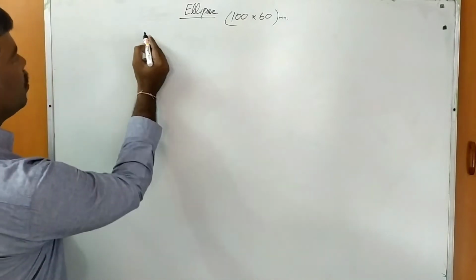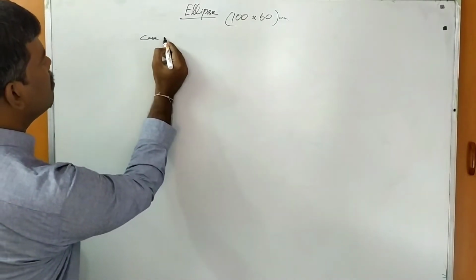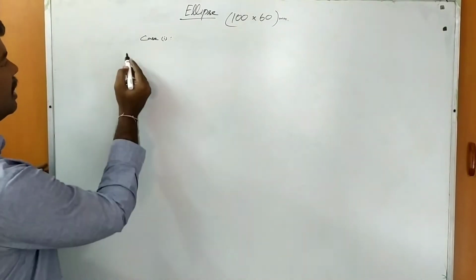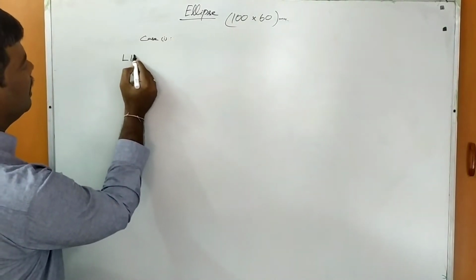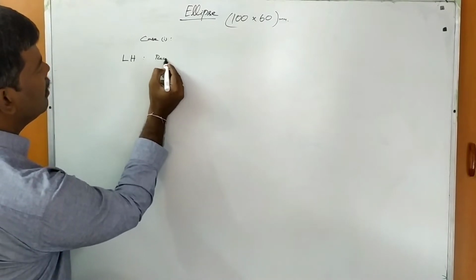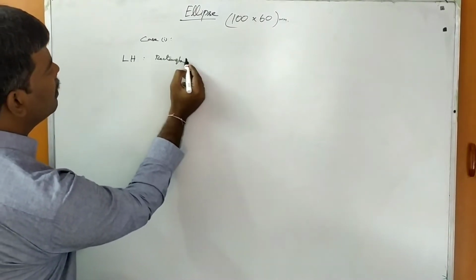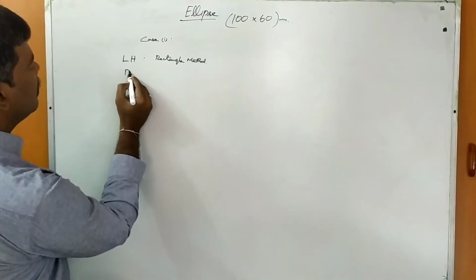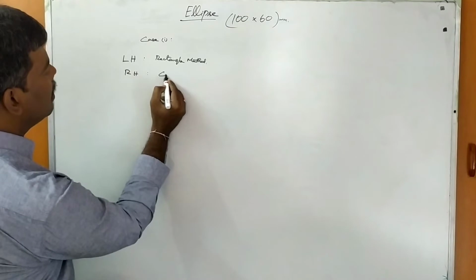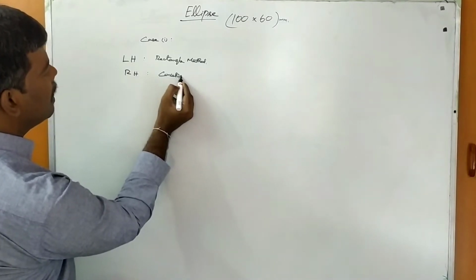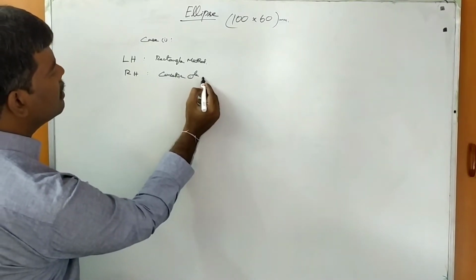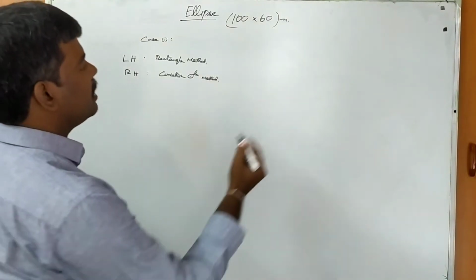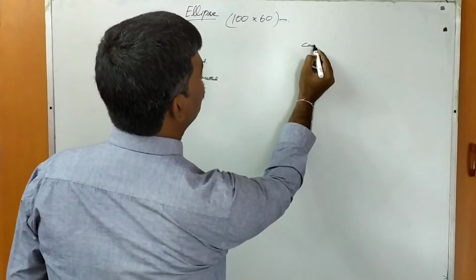So first, case 1: the left half portion is rectangle method, and the right half portion is concentric circle method.